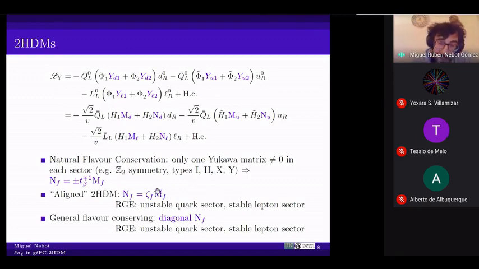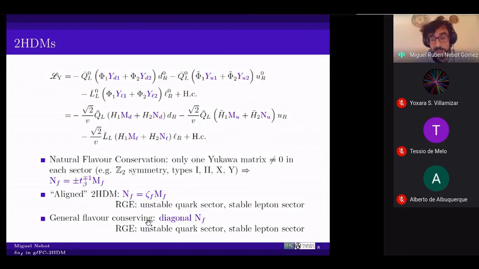Well, one can take further steps in terms of generality and just assume that, in order to keep flavor conservation and avoid a lot of problems associated to flavor changing couplings, the most general thing that one can think of is having just diagonal N matrices.